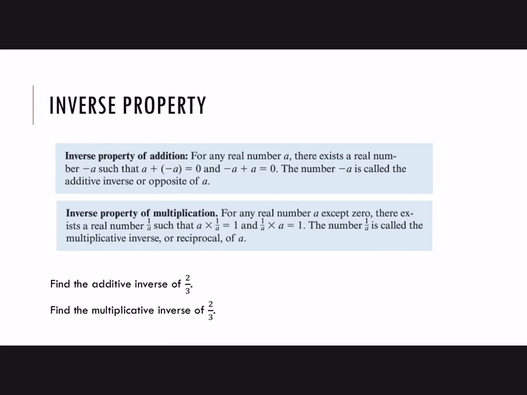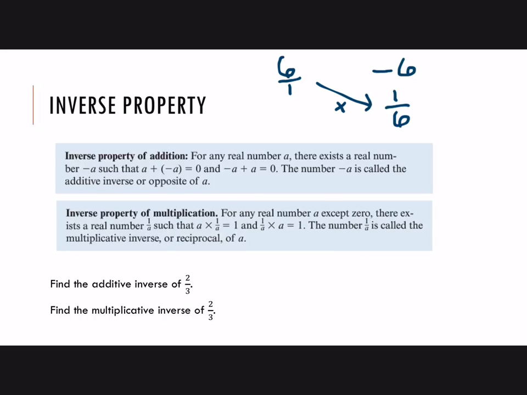If we had the number 6, and the question was, what's the additive inverse of 6? Well, the additive inverse is -6, because when I add these I get 0, and the multiplicative inverse of 6 is 1 over 6, because when I multiply those I get 1.